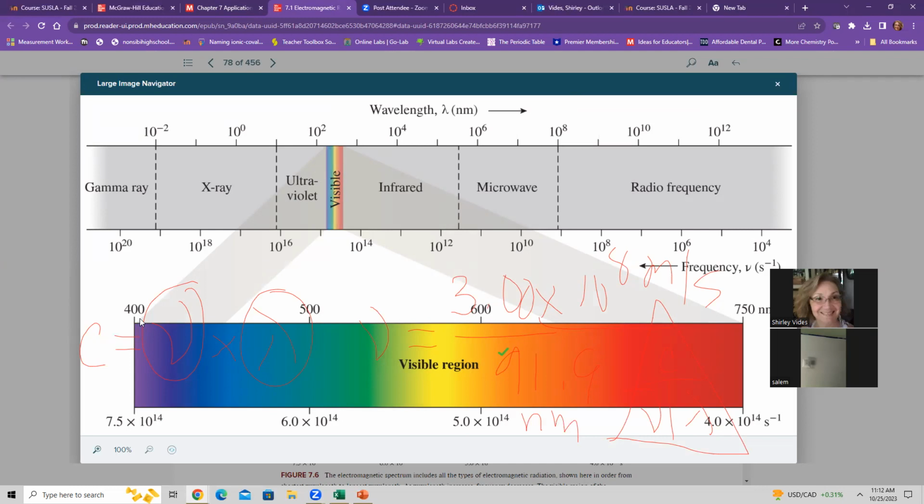So 4 times 10 to the 8th is what that would be. And this would be 5 times 10 to the 8th, 6 times 10 to the 8th, 7.5 times 10 to the 8th. Nanometers, I mean, because we calculated it. So on mine, ultraviolet was correct, but my math was wrong for some reason.